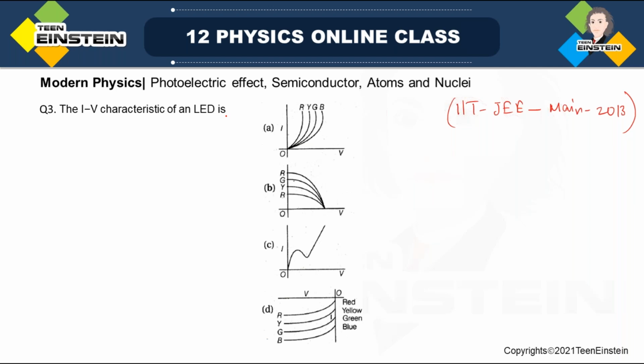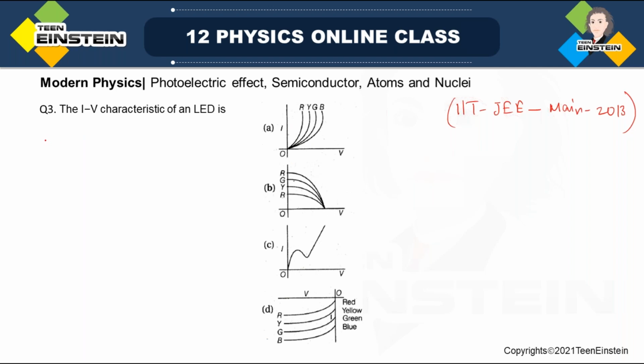See, here I'll tell you, these questions are actually informative. You have to remember some of the characteristics of diodes, LED, solar cell, etc. Some IV characteristics you should be familiar with.